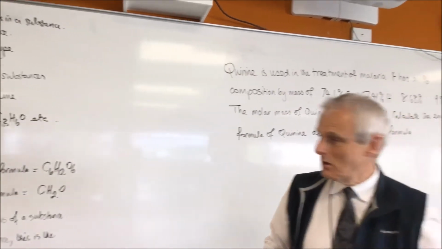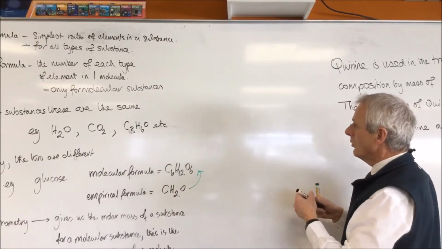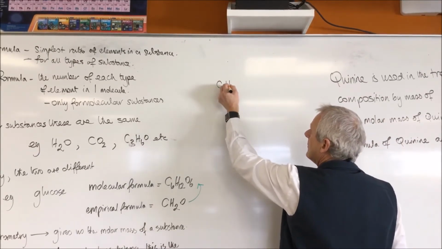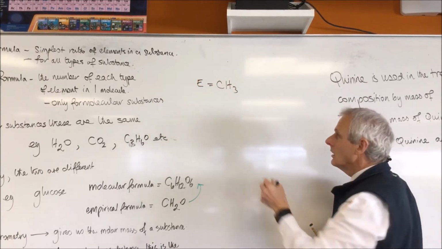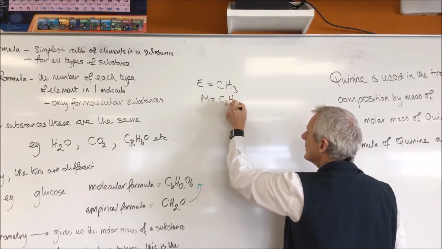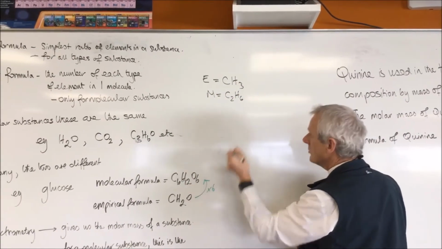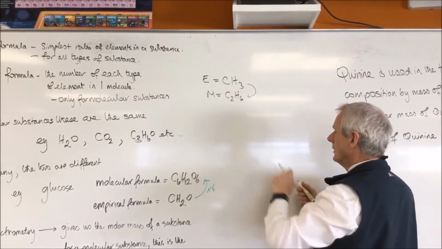Okay? If we take a different example, let's have a look at ethane. Its empirical formula is CH3. The molecular formula is C2H6. So if you want to go from that one to that one, it's times 2.